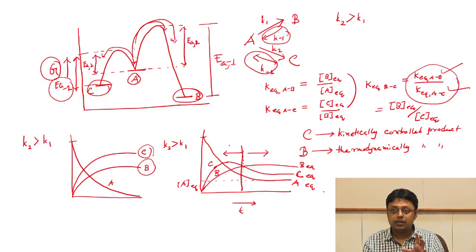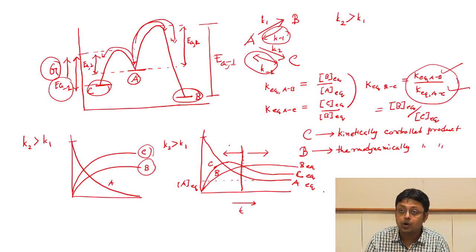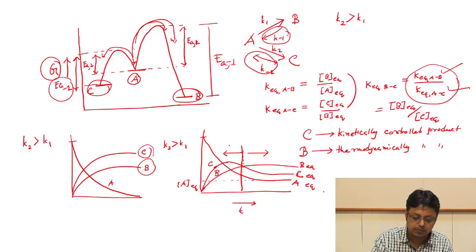Now, you should not have the notion that products which are kinetically controlled cannot be thermodynamically controlled. It can be both ways, meaning I could have drawn this in a different way.